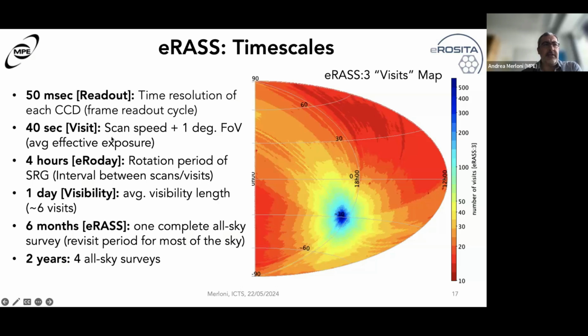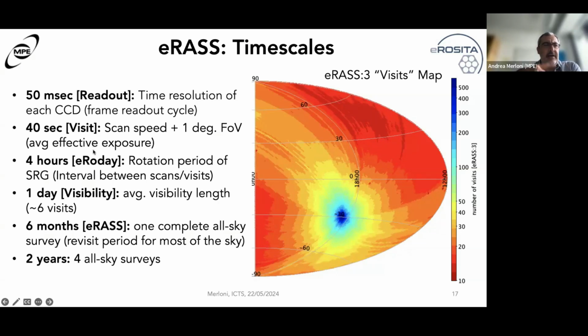Then in this continuous scanning mode, a source is never static in the sky. It passes through our field of view, and given the scan speed and the size of the field of view, it takes about 40 seconds for a source to pass in our field of view. And this is the unit of observation time. We call it visit. So this is our unit of exposure, if you want.